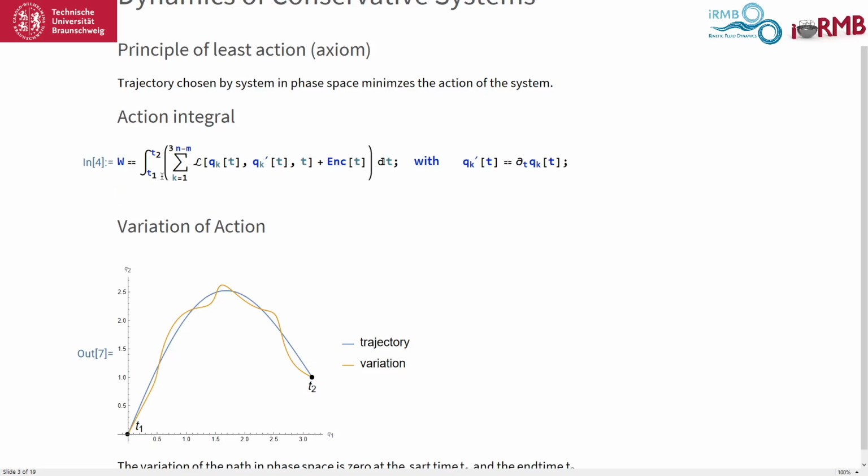That's in principle unclear, depending on the definition. It's taking an extremum, so the least action.